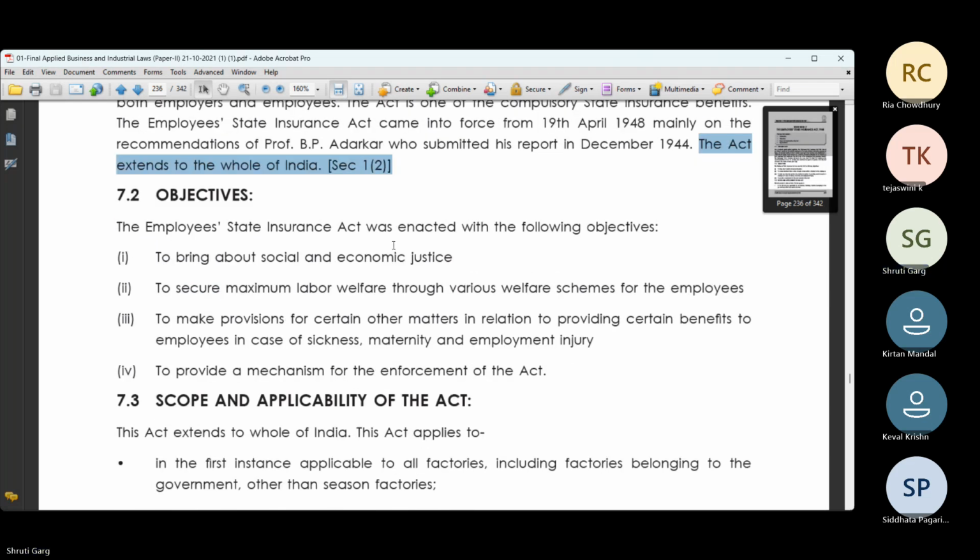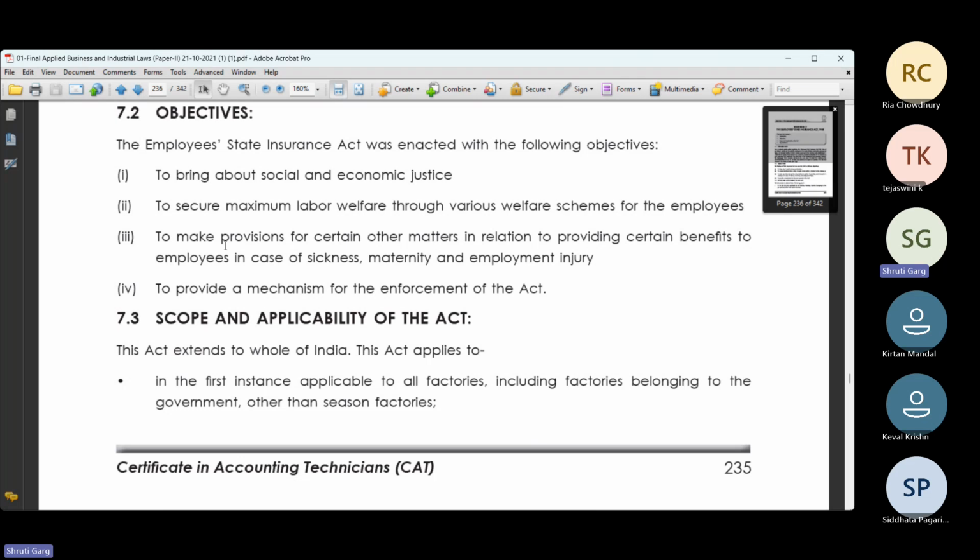Clear? Now, objectives. Important. Basically, this is the basis of the chapter. If you have covered this part, you will understand the whole essence of the chapter very easily. The Employees State Insurance Act was enacted with the following objectives.